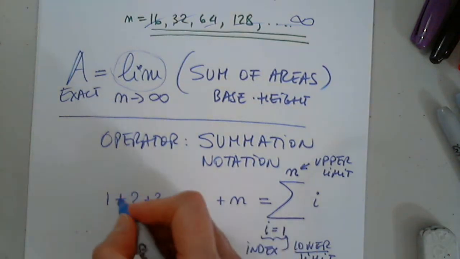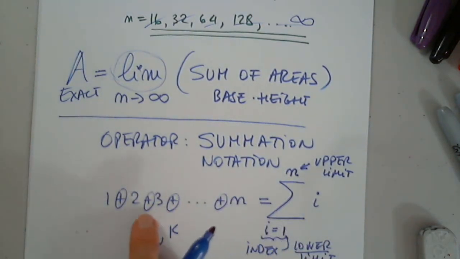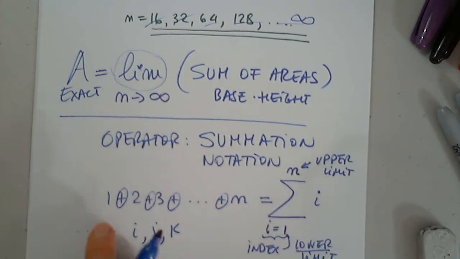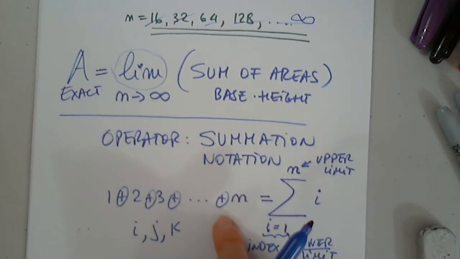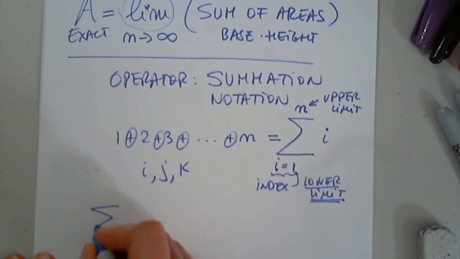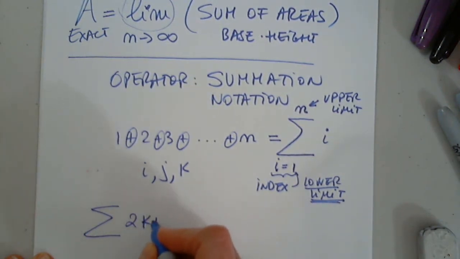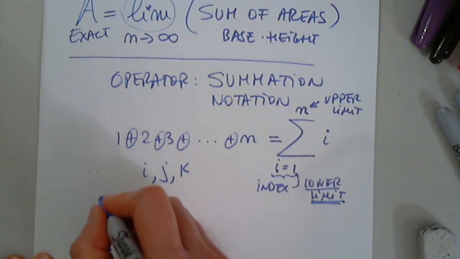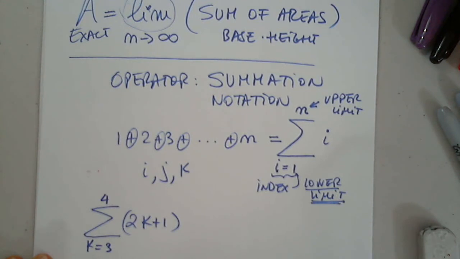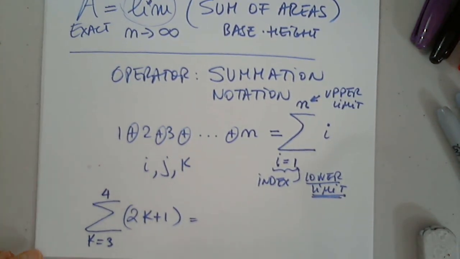So the sum means this operation. When I is 1, I have 1. Then the sum says plus. When I is 2, I have 2, and so on and so forth, and I end with 9. Now if I want to expand, let's say 2k plus 1 from k equals 3 to 4, just 2 entries.